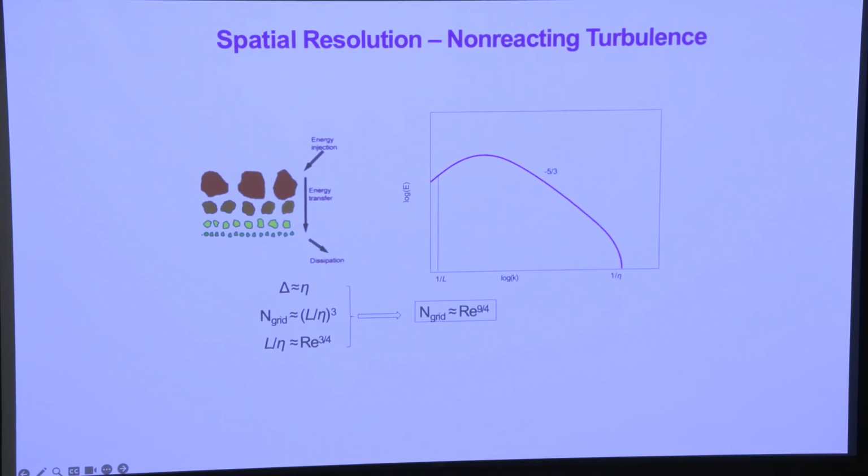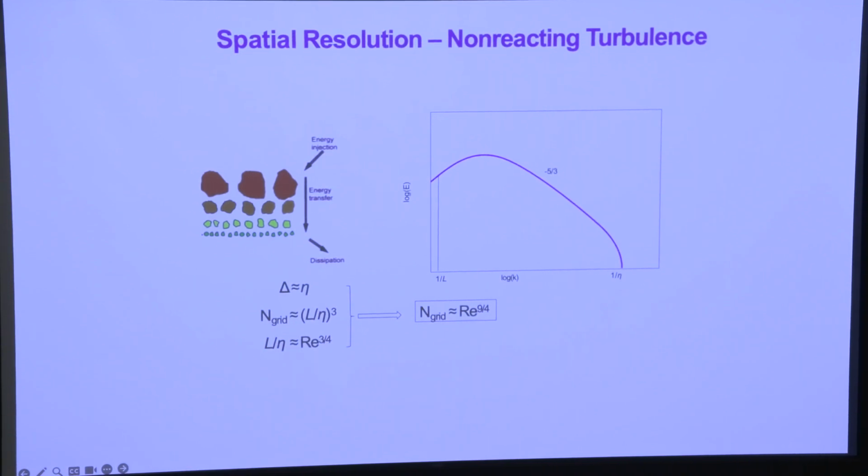And so if you look at the range of scales from the integral scale down to the Kolmogorov scale, eta, then the number of grid points that are required to resolve that goes as that ratio to the cubed power, because it's usually 3 dimensions, so cubed.